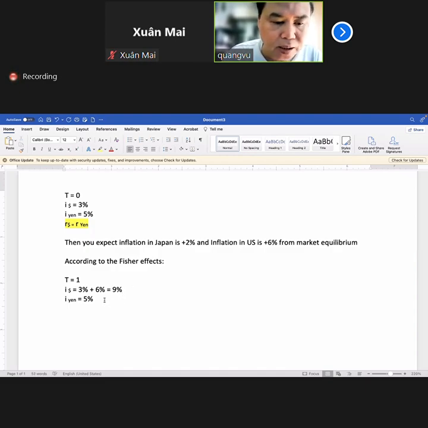Okay, and in yen it will be, hold on. We should expect a nominal rate in, let's say, Japan, should be.